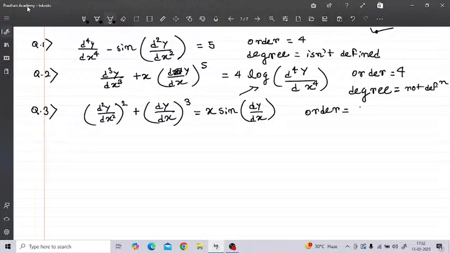Order is 2, as the highest order derivative is 2. And what is degree? So many of you in a hurry will tick the answer 2 order and 2 degree, but you have to read the question paper carefully, and you can see that this is not a polynomial of derivatives. It involves a trigonometric function sine, so here also the degree is not defined.